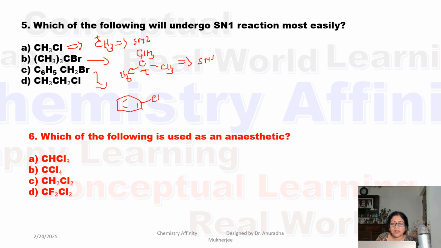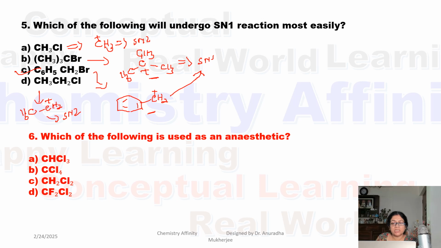It is a primary carbocation, but it is stable due to resonance, so it will also undergo SN1. And ethyl chloride will give primary carbocation, so it will undergo SN2. Now if I compare tertiary butyl and benzyl, benzyl is more stable due to resonance, so benzyl bromide will undergo SN1 reaction most easily. Correct option C.